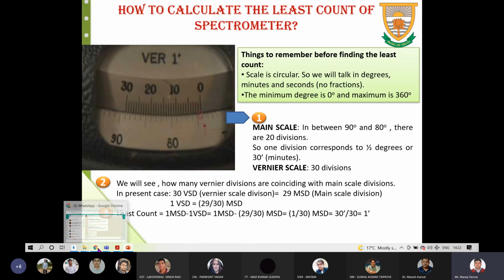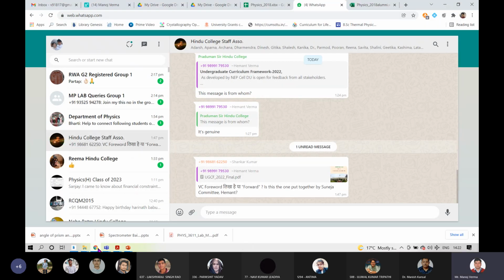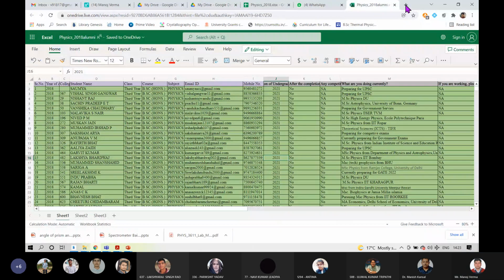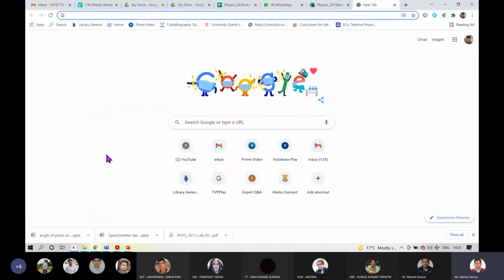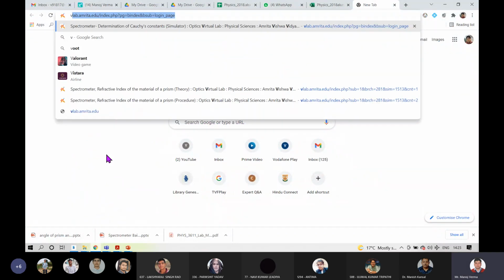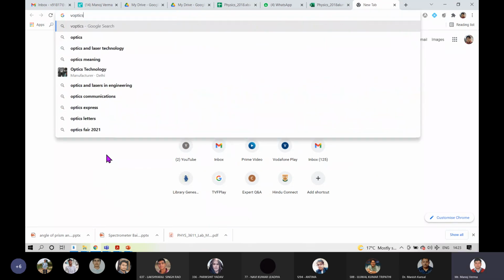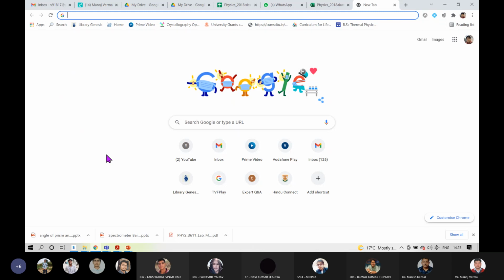Okay, so I will just show you how these things look like. For using this, you have to search a web page: you just have to type optics lab on Google.